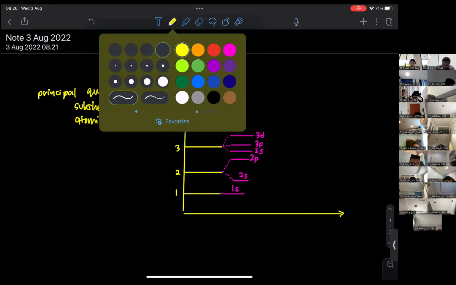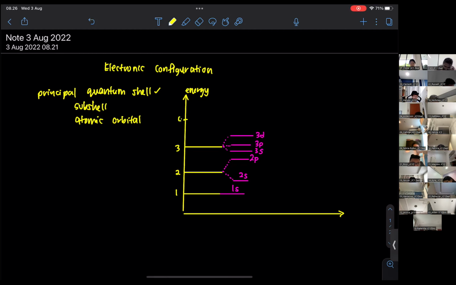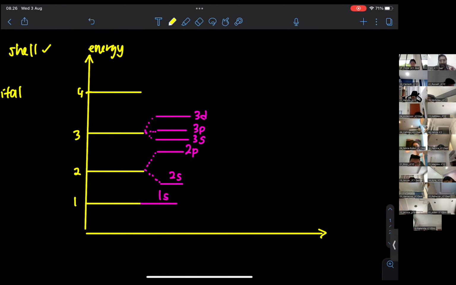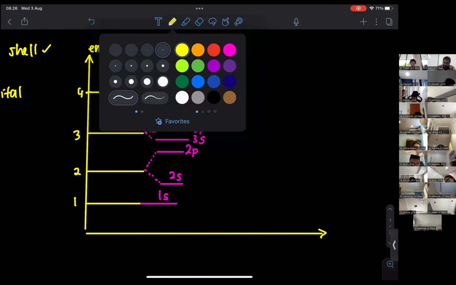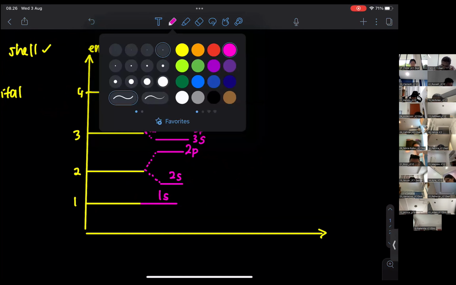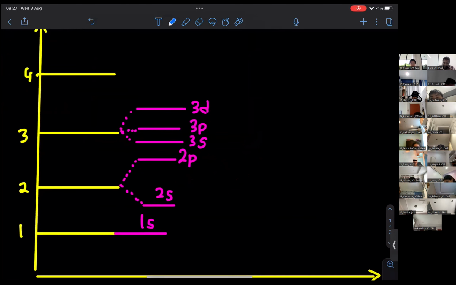Now, for principal quantum shell number 4, just to make it easier to see, I'll bring this a little bit down. This is 4. We know that it has 4 subshells, and they are going to be divided into 4. I will use a different color so that you can see clearly.